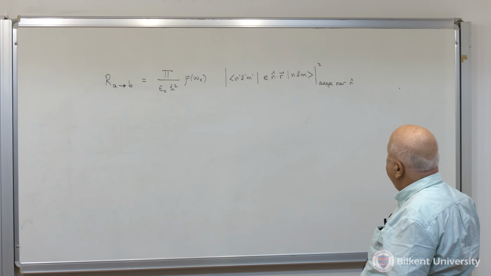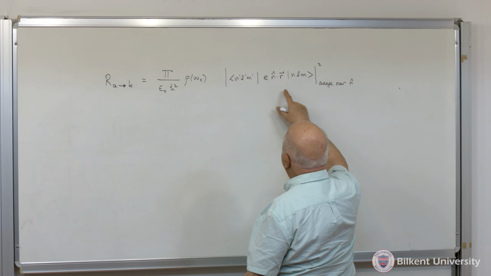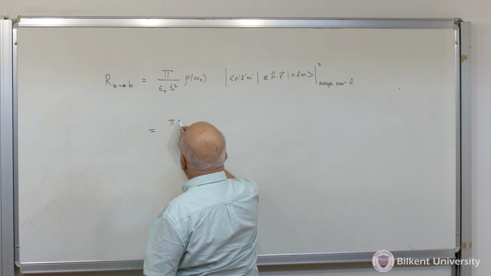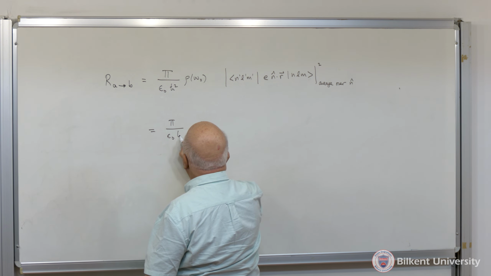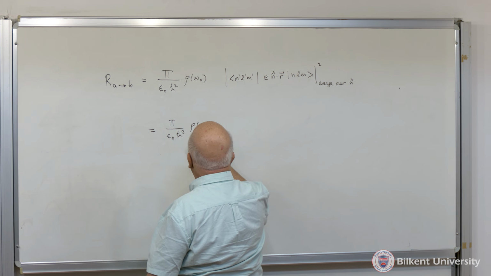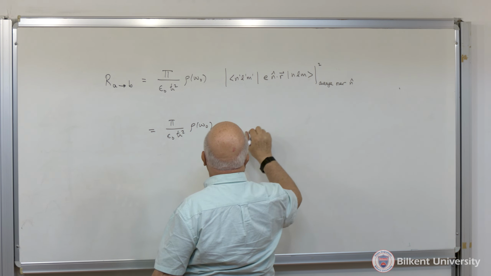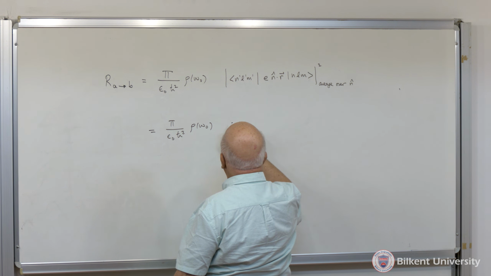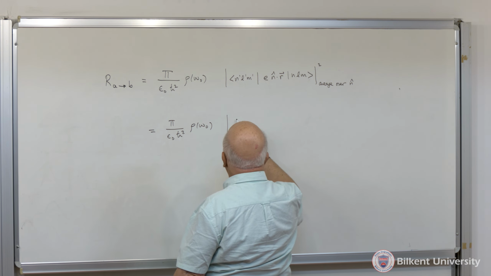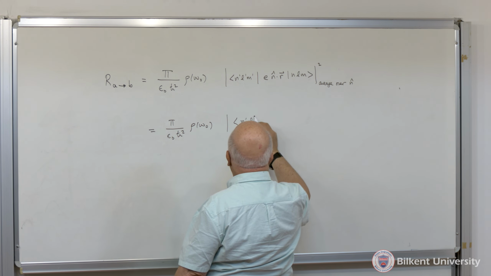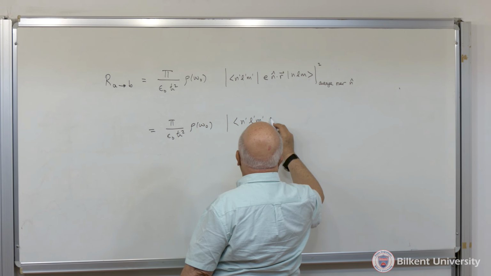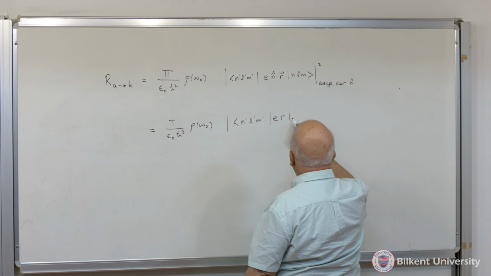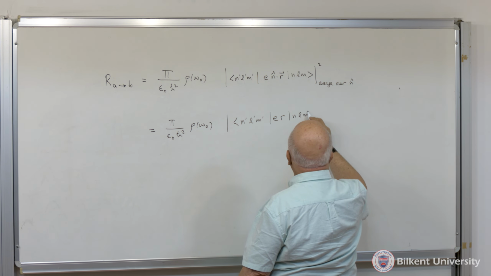So what I can do is, let me write one more line. It's going to be pi epsilon 0 h bar squared rho omega 0. If I just evaluate this dot product, what do I get? I get n prime, l prime, m prime, then an e times r, and then an l m.